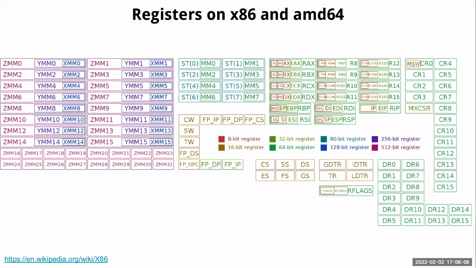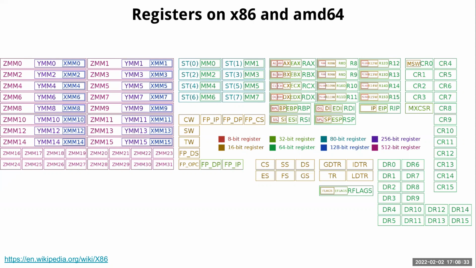So this is a picture of many other registers we have in the x86 architecture. As you can see here, we just spoke about the general registers, which are here: EAX, EBX, ECX, EDX, EBP, ESP, EDI, ESI.